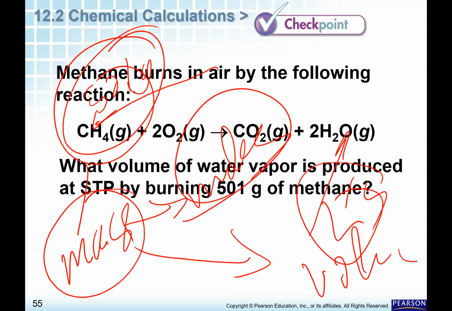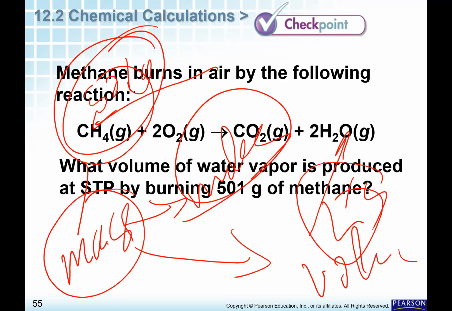Then we take the moles of methane gas into how many moles of water produced. So that will be multiplied by 2 over 1 or 1 over 2? 2 over 1. Very good. Because we multiply the moles of methane that we have times 2 moles of water divided by 1 mole of methane.